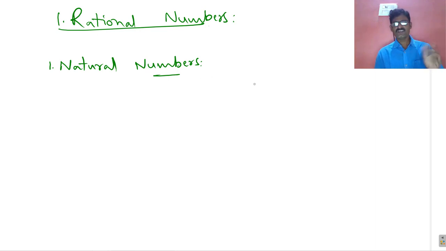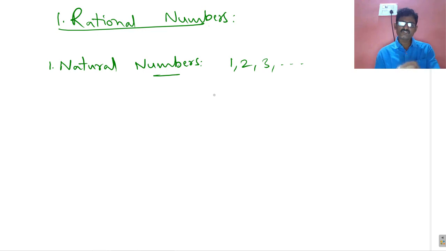Whenever you are in a class, suppose your teacher asks you to count how many students are there in the class. Then how would you count? 1, 2, 3, 4, like that you count. So 1, 2, 3 and so on, like this you count. These are said to be natural numbers. So numbers used to count the objects are called natural numbers.